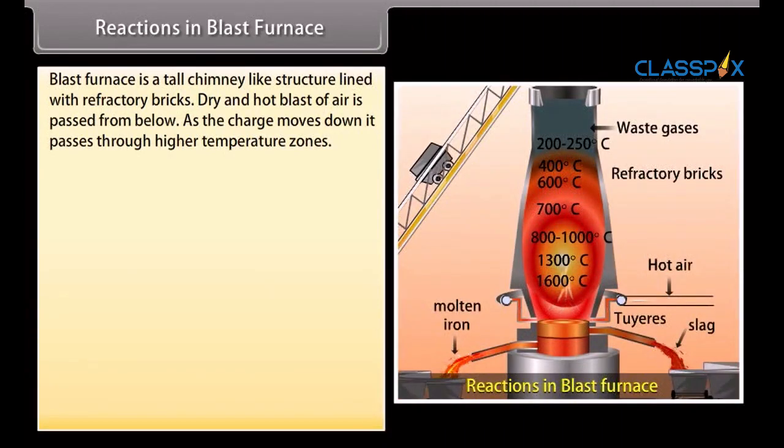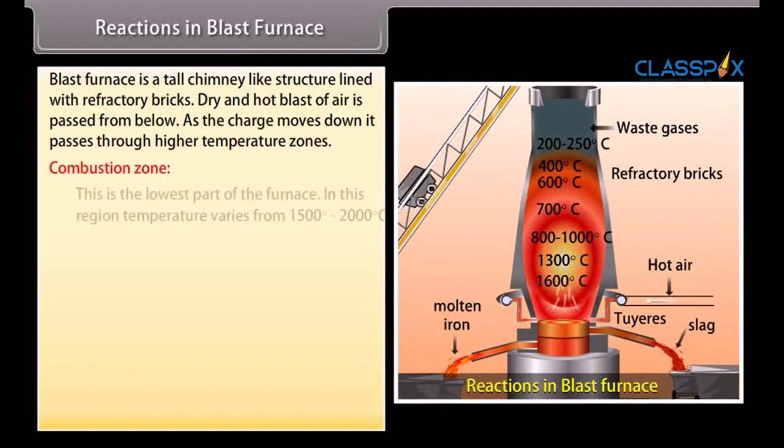Blast furnace is a tall chimney-like structure lined with refractory bricks. Dry and hot blast of air is passed from below. As the charge moves down, it passes through higher temperature zones. On the basis of variations in temperature in the different parts of the blast furnace, there are various zones where different chemical changes take place.